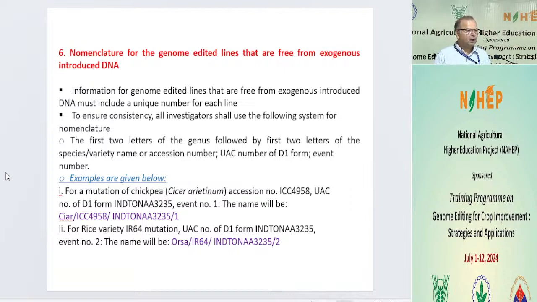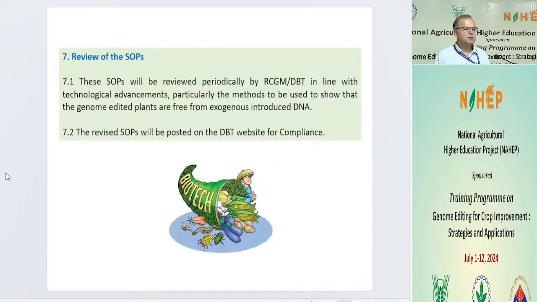And this SOP will be open to modification depending on developments in the subject area. So, if some new method comes, all these things will be considered, and accordingly this SOP will be further modified, particularly in the methods used to show that the genome edited plants are free from exogenous DNA.